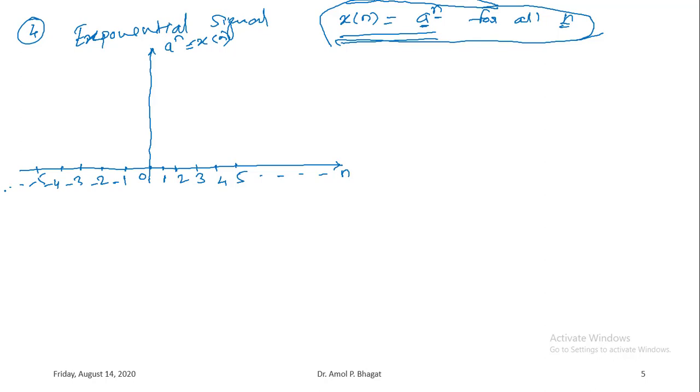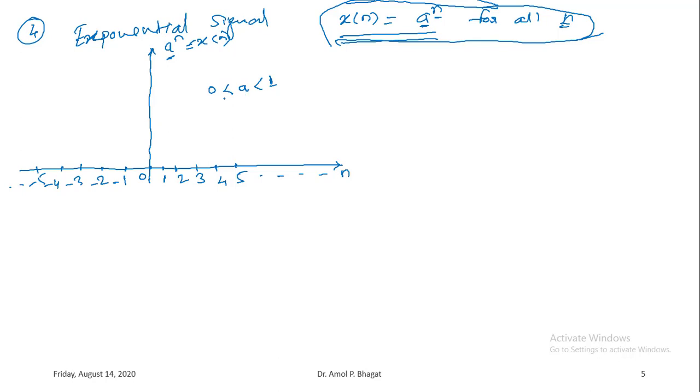So just for example, if I am considering the value of a to be greater than 0 but less than 1, how will this signal look in graphical form?